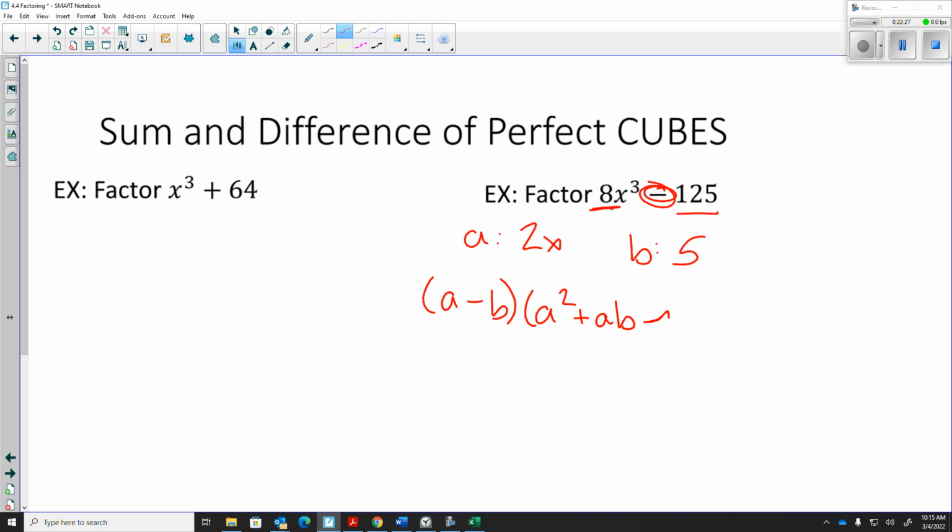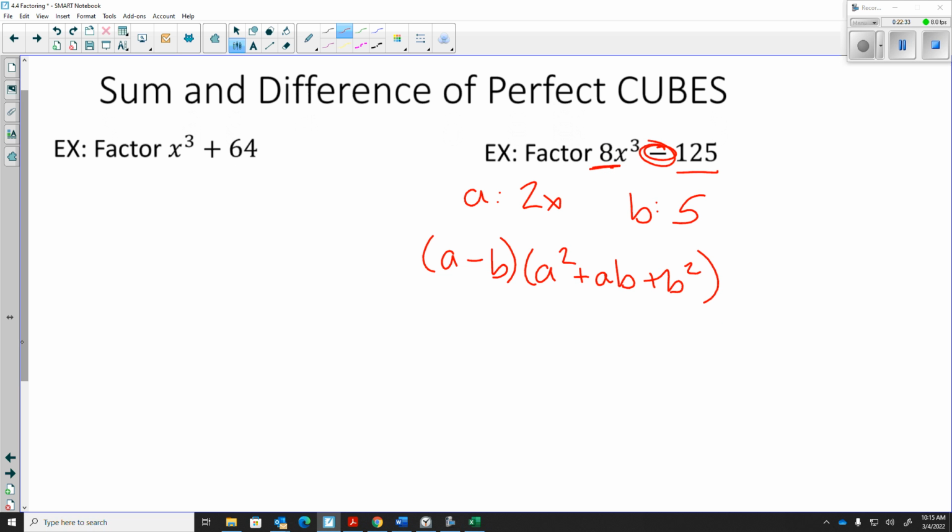That's the pattern for a difference. So you just take A and B and you put them in there. So it would be 2x minus 5, 2x squared plus 2x times 5 plus 5 squared.